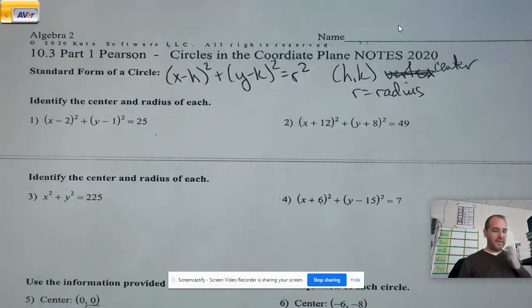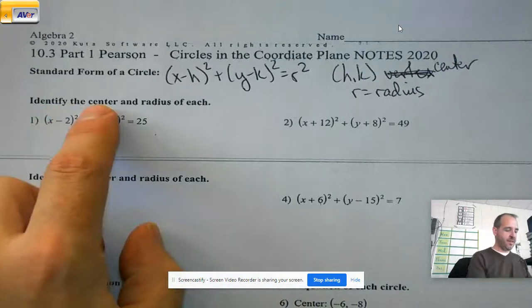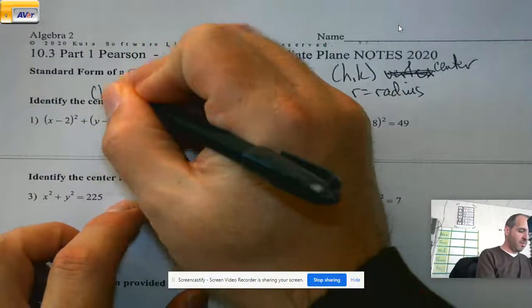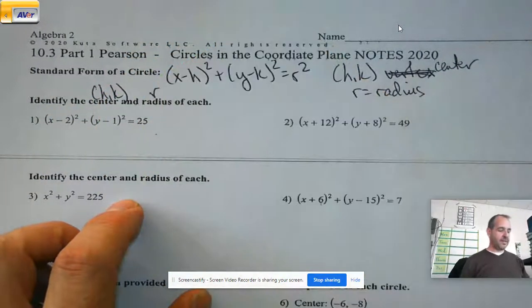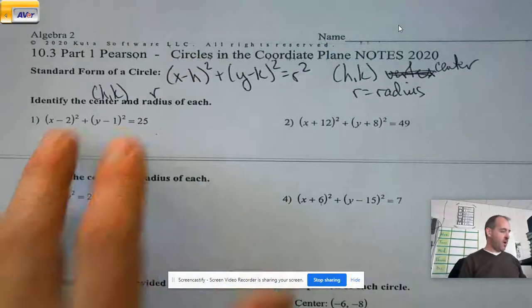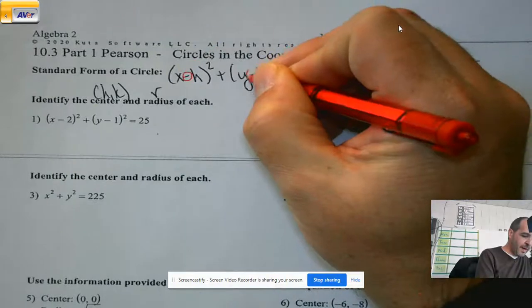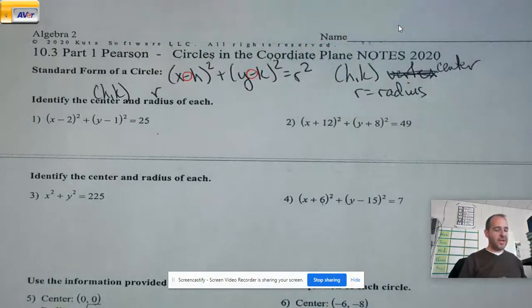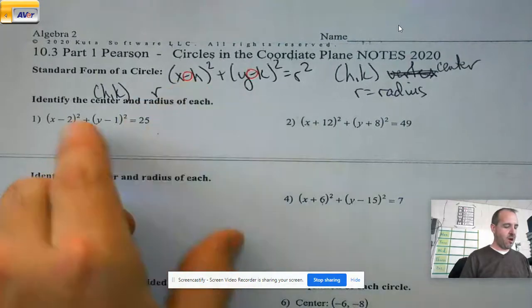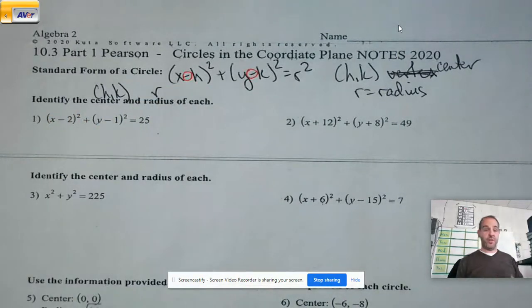So what I have to keep track of here is identify the center and radius of each. The values are right here, but here's what I have to be careful of. Both of those h and k values for my center are in disguise, because these in here are the opposite of what they should be.